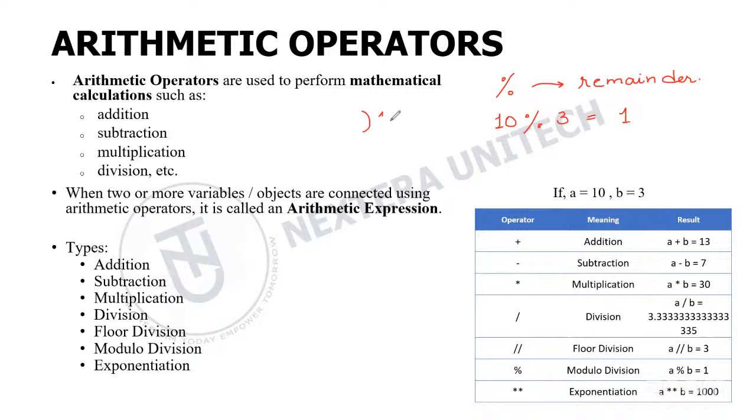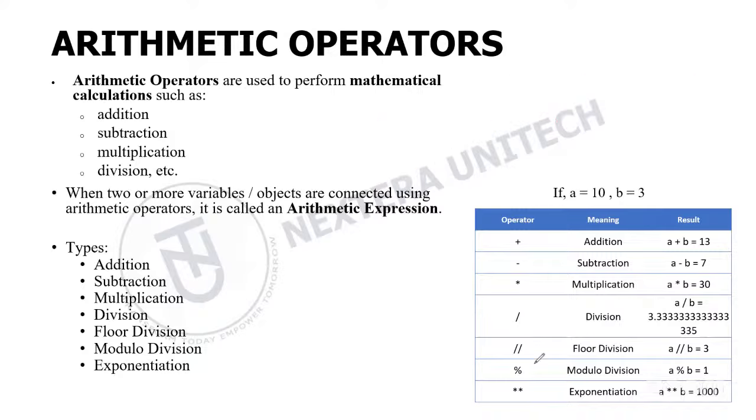When you perform 10 by 3, 3 threes are 9, so the remainder will be 1, right? So this modulo operator directly gives you the remainder after all the calculations. In this way, we can get the remainder when we divide two numbers.